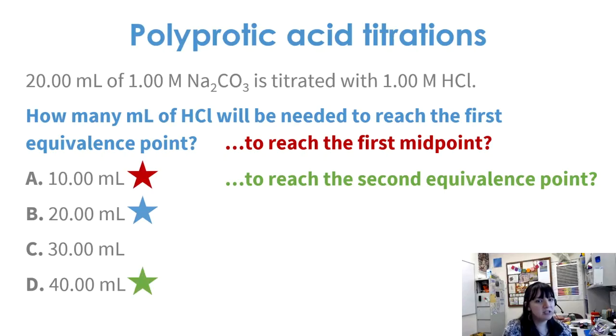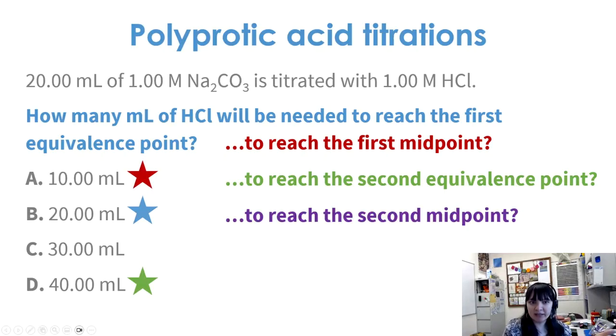And if I wanted to reach the second midpoint, the midpoint here is not necessarily 1/2 of the second equivalence point, it's halfway between our equivalence points. So halfway between 20 for the first equivalence point and 40 for the second equivalence point, the second midpoint is going to be 30 milliliters.